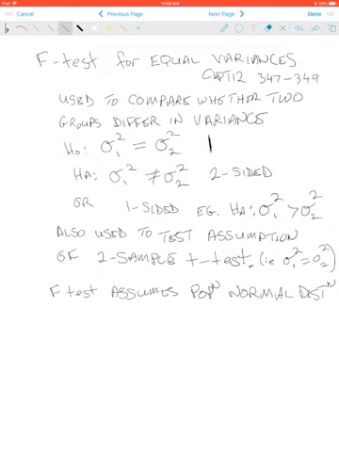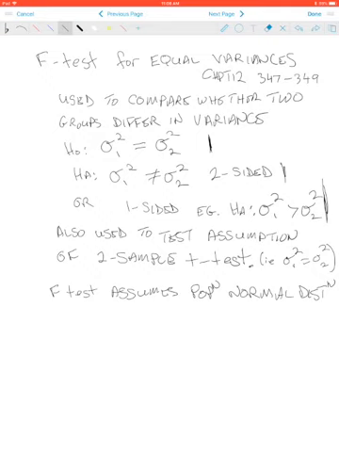And then we can have a two-sided alternative as specified here, or there can be a one-sided alternative, that one variance, in this case sigma squared 1, is greater than sigma squared 2, or the reverse, depending on the experimenter's prior knowledge or intuition. You might have a one or a two-sided alternative. There's really one assumption of the f-test, and that is that the populations sampled have a normal distribution for the trait.